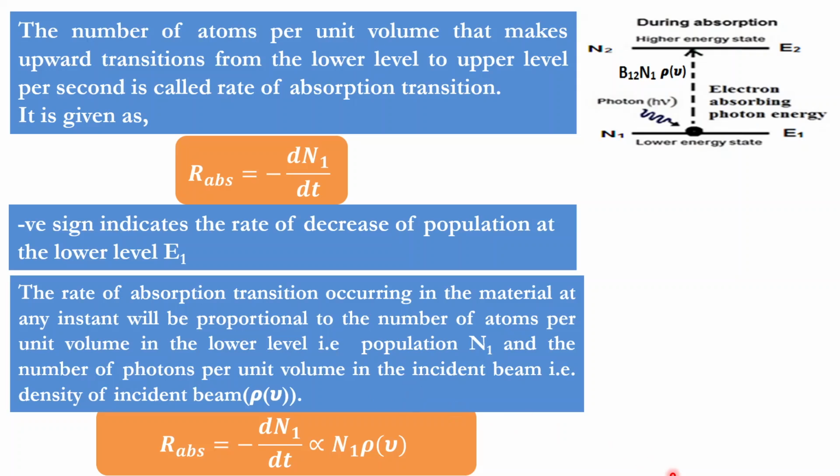So we can write here the rate of absorption transition is directly proportional to the population in the lower energy level N1, and the density of the beam, that is rho nu. Now here rho is a function of nu.